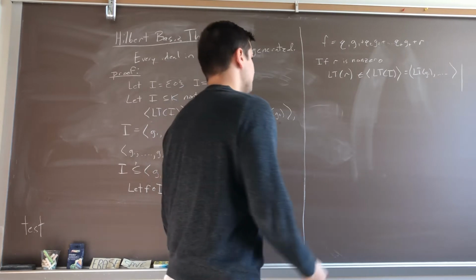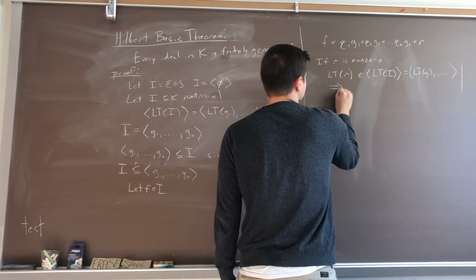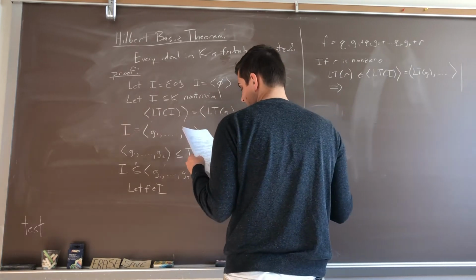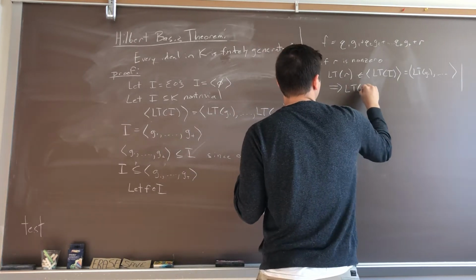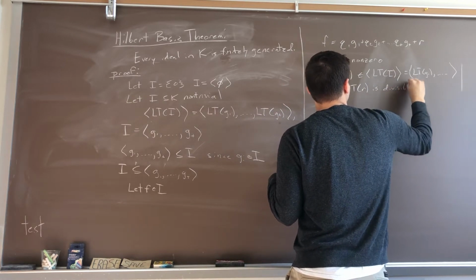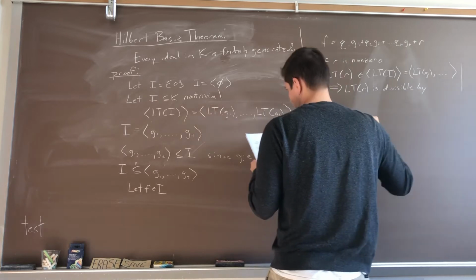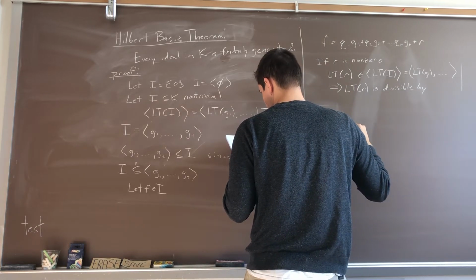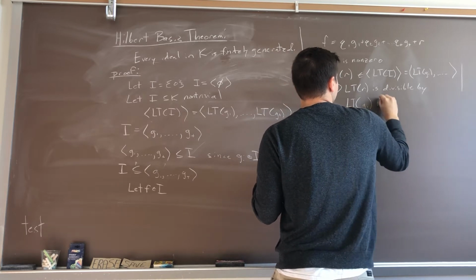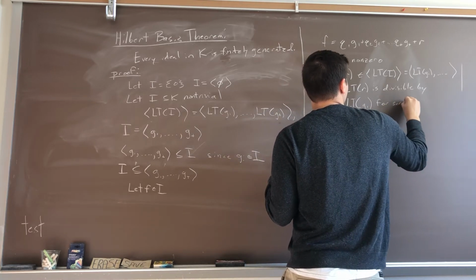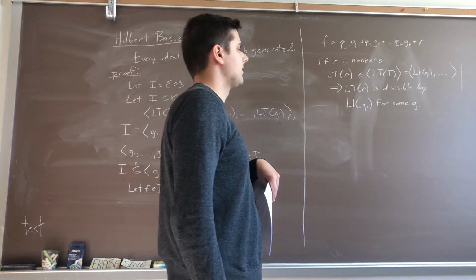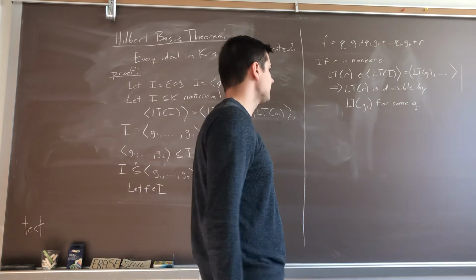Okay, and by a proposition from the first presentation, this implies that the leading term of r is divisible by LT, the leading term of g_i, for some g_i. But because of the definition of the division algorithm, this can't happen.